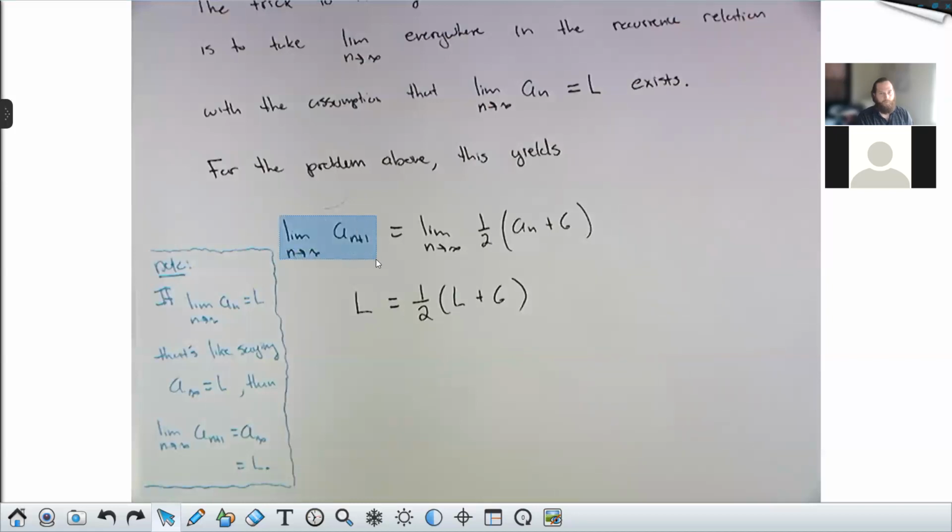This piece goes to L, and this piece goes to L. The 1/2 and the 6 are constants. They don't change with n. And this is an equation that we can very easily solve for L. It's a linear equation.